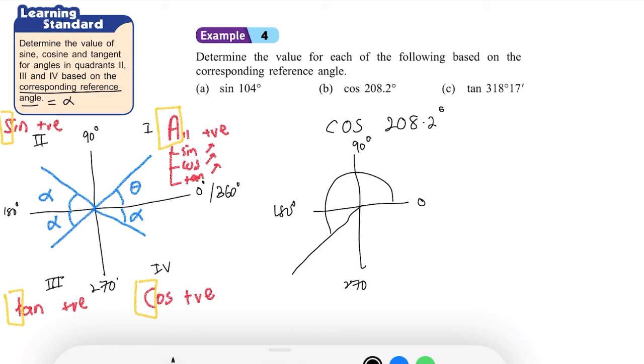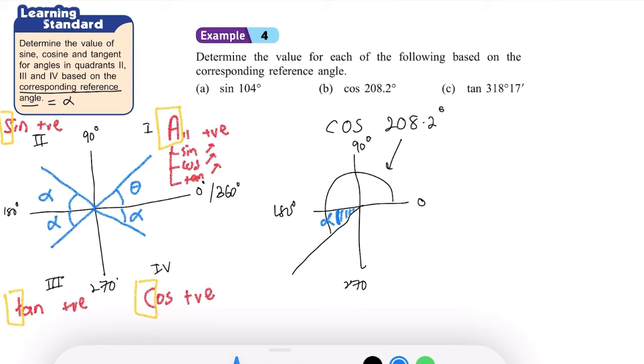So it is here. Then I need to decide where is my corresponding reference angle. It is here, in between this blue line and my x-axis. So our alpha is here.